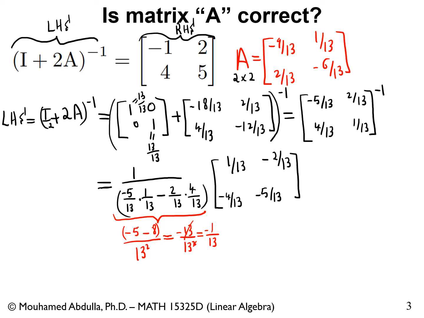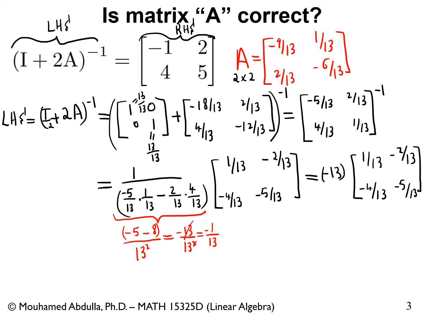So what we get is the following: the scalar outside the matrix is simply minus 13, multiplied by the matrix, which is 1 over 13, minus 2 over 13, minus 4 over 13, and minus 5 over 13.